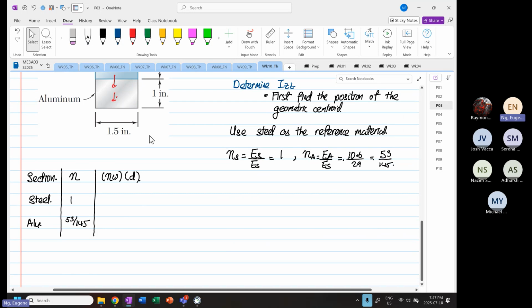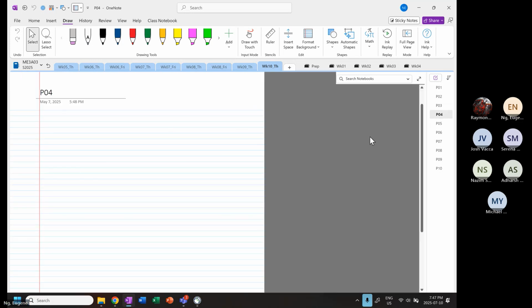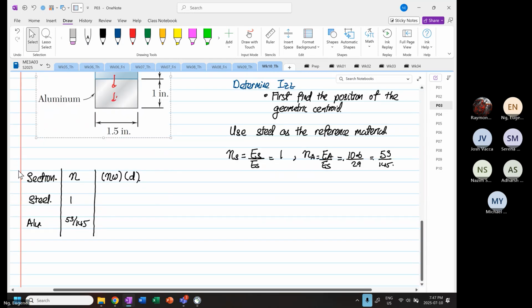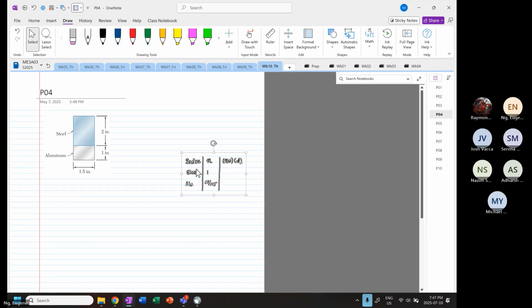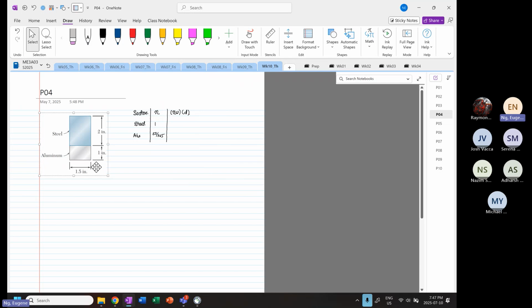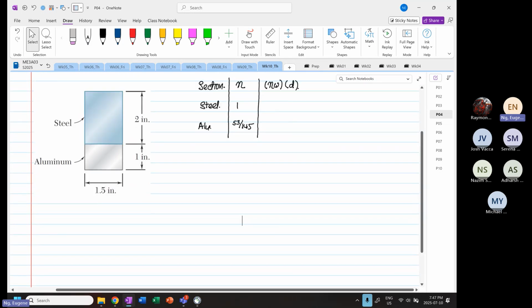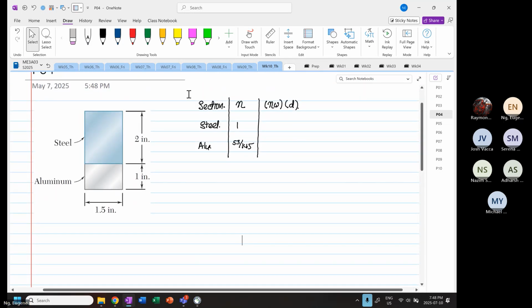I'll start on a new page. When we specify steel as the reference material, right?